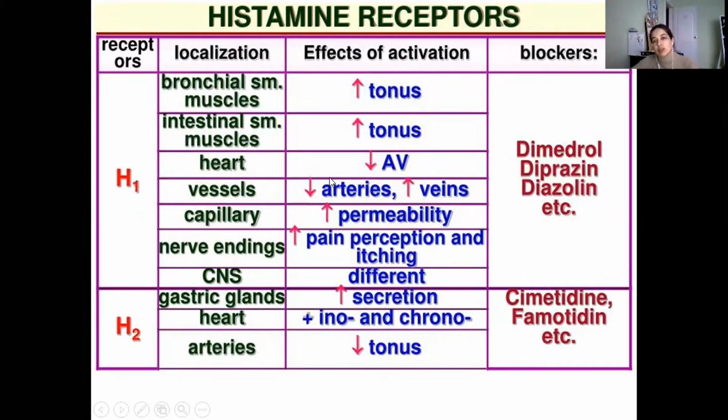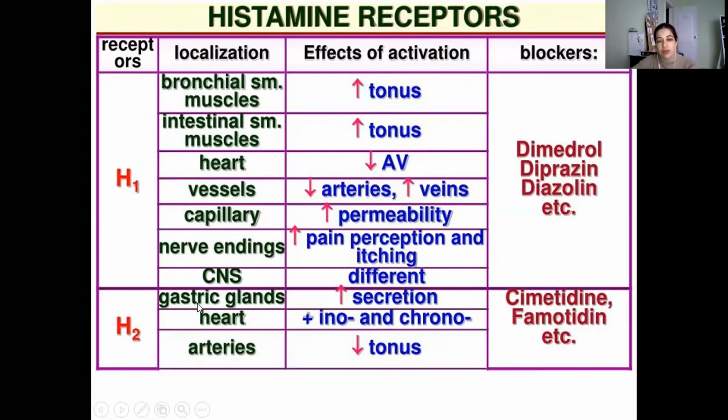In the blood vessels, it will dilate the arteries, constrict the veins, and in capillaries, increase the permeability. In nerve endings, increase the pain perception and itching. That's why in allergy we often have itching. And in the CNS, it can have different effects, but predominantly it is activating.